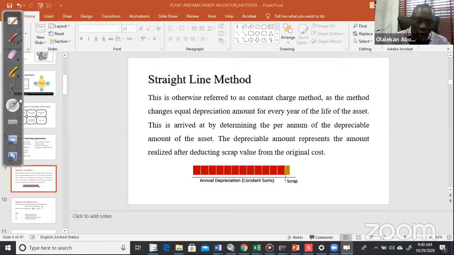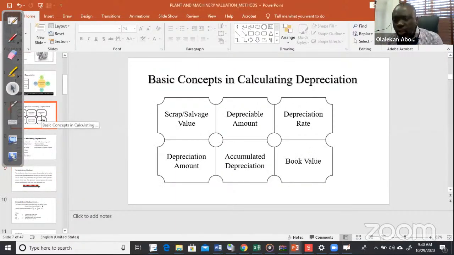So given that, it's not the entire cost of an asset that can be written off. From the entire cost of an asset, the proportion, the part, the quantum that can be written off with depreciation, before you will now have the leftover. That leftover being what is left at the end of the lifespan or life expectancy of the asset, then that portion to be written off, or that quantum of the cost to be written off, is what we call depreciable amount, or depreciable sum, or depreciation base.